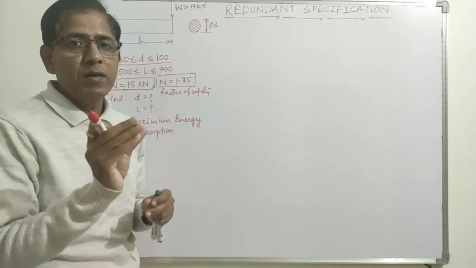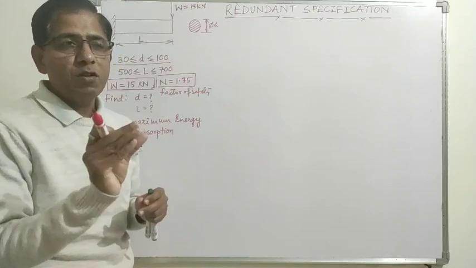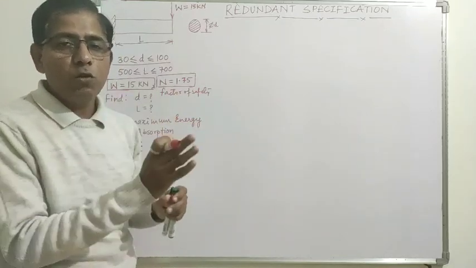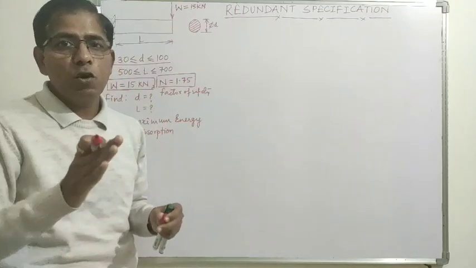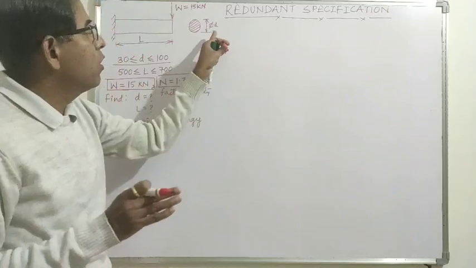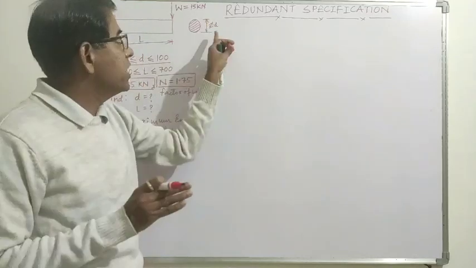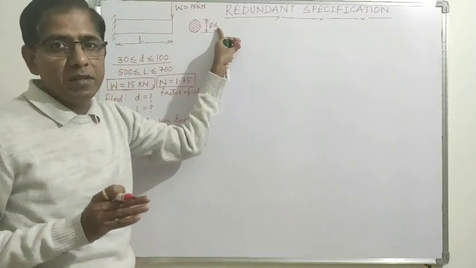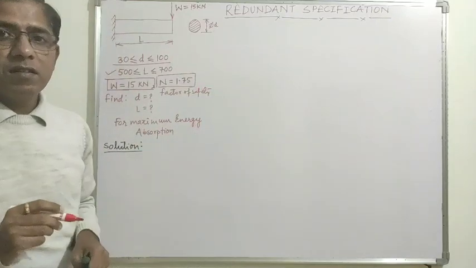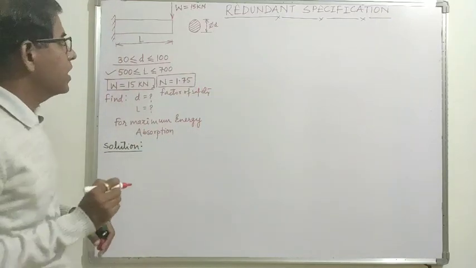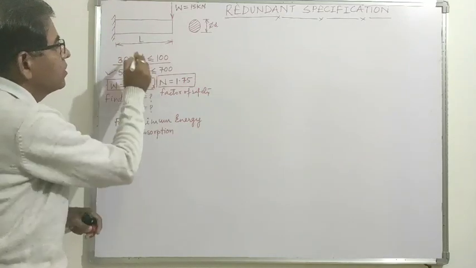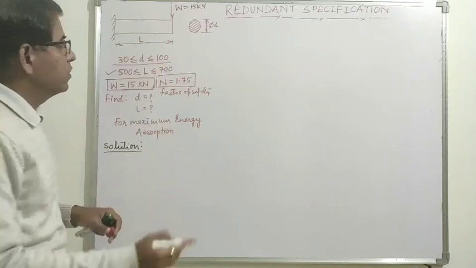And what is that limit? The diameter of the shaft should be in between 30 mm to 100 mm. It should not be less than 30 mm and should not be more than 100 mm. So that is a constraint imposed on the variable d, diameter. Then there is another constraint imposed on another parameter, that is capital L, the shaft length.